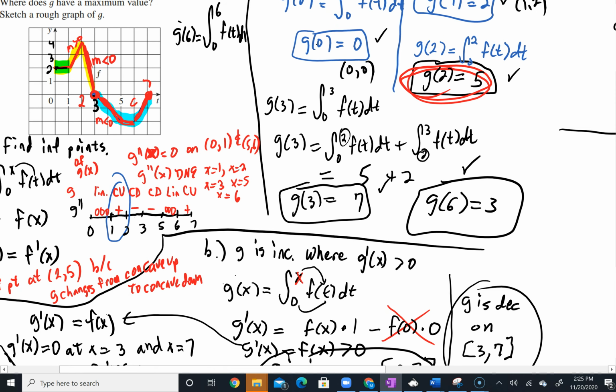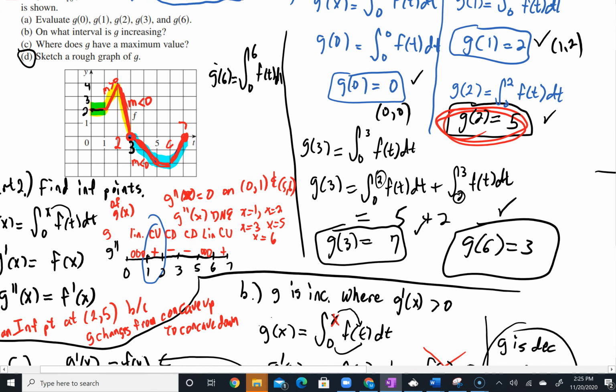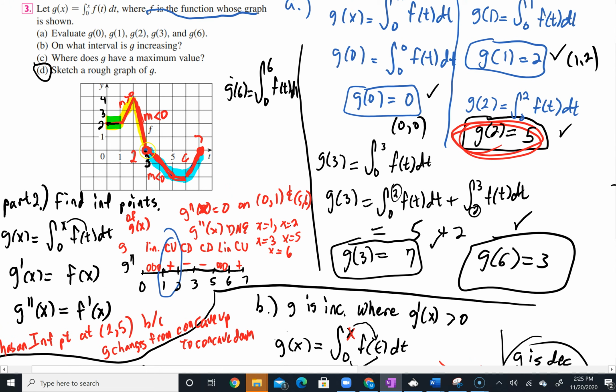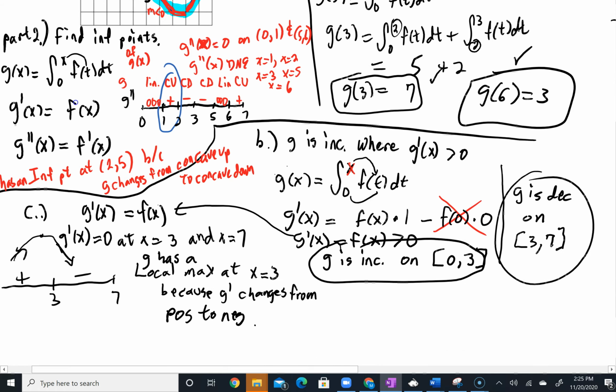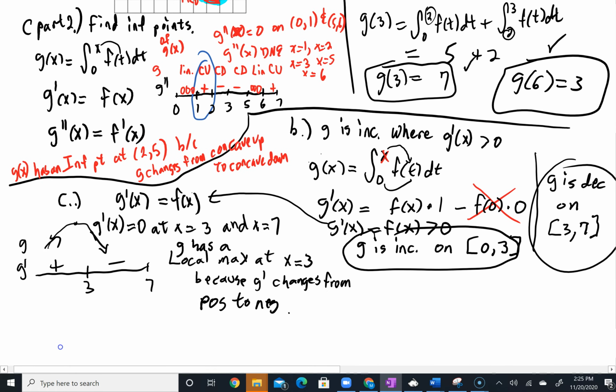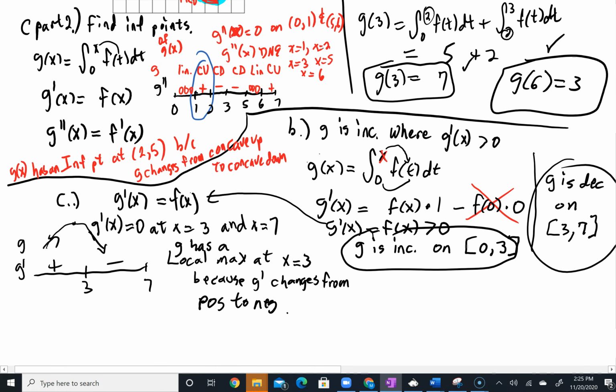You can see that this graph of the derivative, as we're the derivative of f, that has a corner point. Does that mean that there's a corner point at x equals 3? Well, no. I think you can see just from this context, we knew that g prime of 3 was 0.